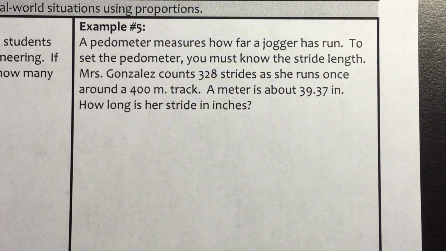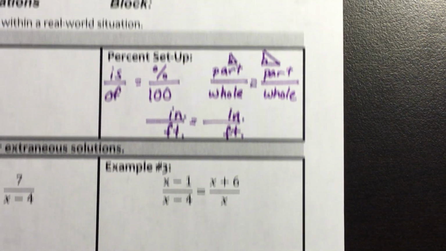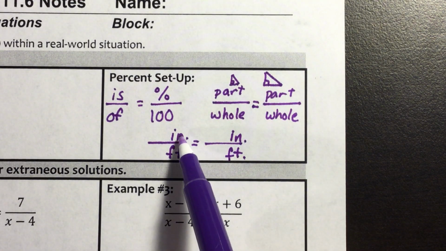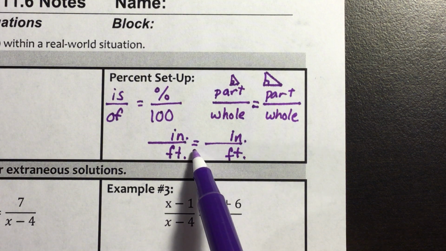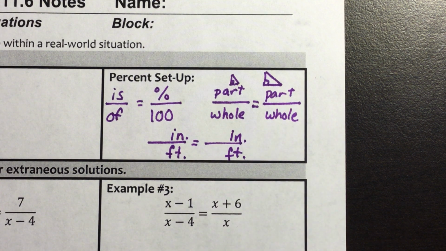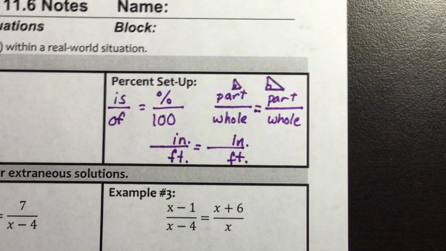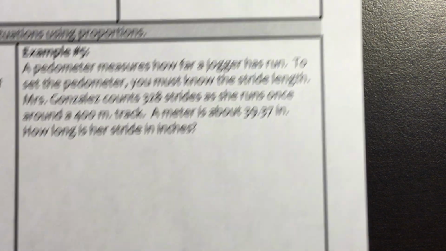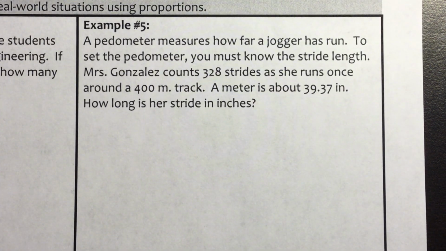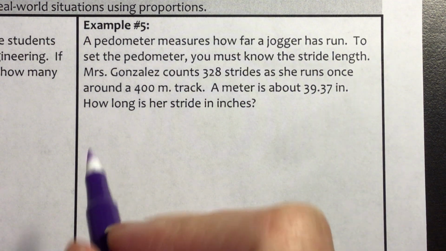Okay, this is going to be the third setup where we have one label over another label equals the first label over the second label again. So let's first take meters and change it into inches, because we know that the track is measured in meters, but the inches, that's how we want the strides to actually be measured.